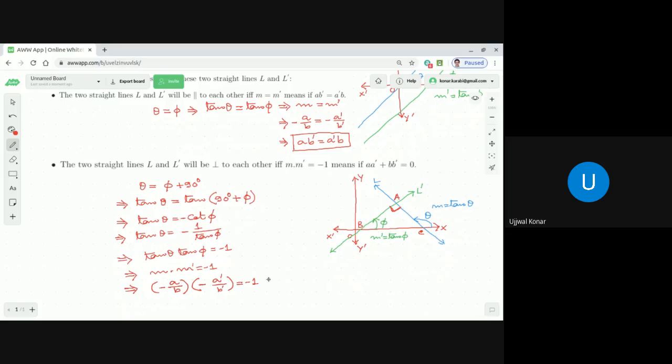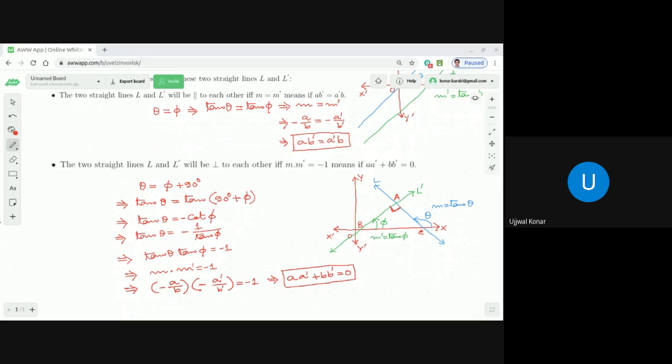So from here we get a a dash plus b b dash is equal to 0. This is the required condition for two straight lines to be perpendicular to each other. The fundamental thing you should know, dear students, is that the product of their slopes should be equal to minus 1 when they are perpendicular. This is the way I derived it.